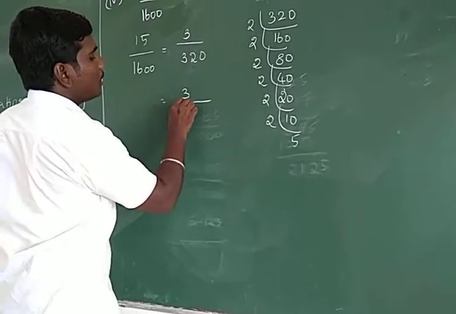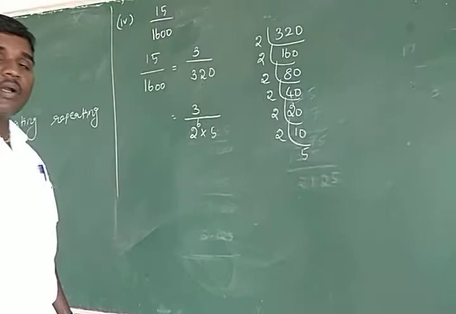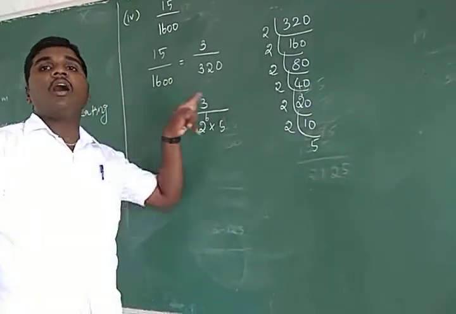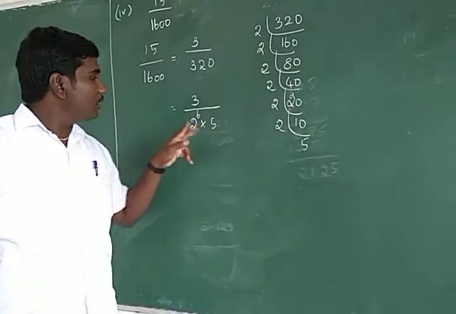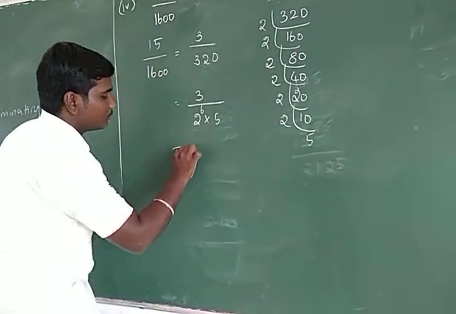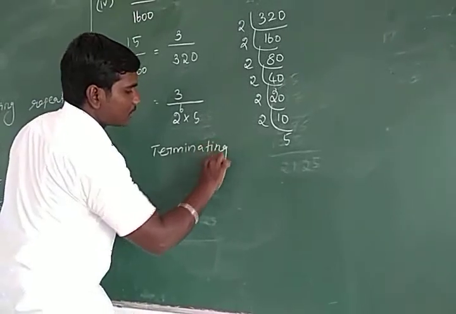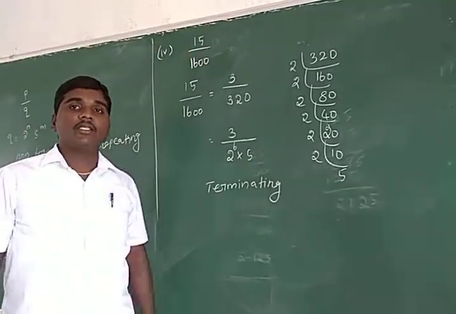So 2 is multiplied by itself 6 times, into 5. So what is the concept of terminating? The denominator should have either 2 or 5 or both 2 and 5. Now we have both 2 and 5, so this number is terminating. 15 by 1600 is terminating.